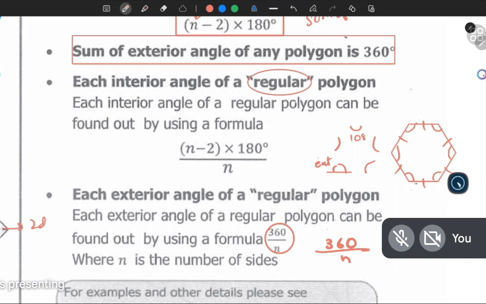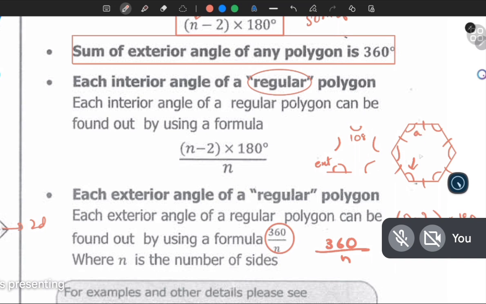So if they're all equal, I can find one angle by dividing by the number of angles, because the number of sides is equal to the number of angles. So if I have a hexagon, the formula for the total sum of angles is n minus 2 times 180.